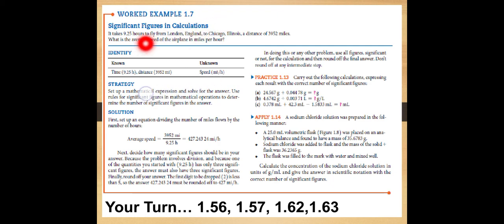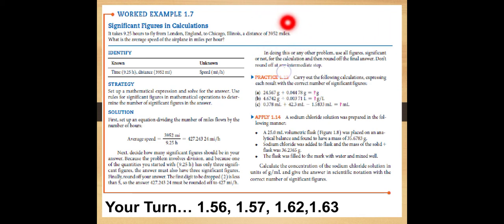For example, it takes 9.25 hours to fly from London, England to Chicago, distance 3952 miles. What is the average speed of the airplane in miles per hour? We are provided with hours and miles. Speed is distance over time.